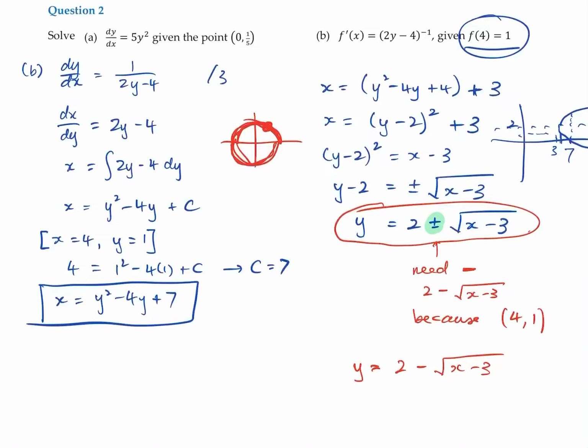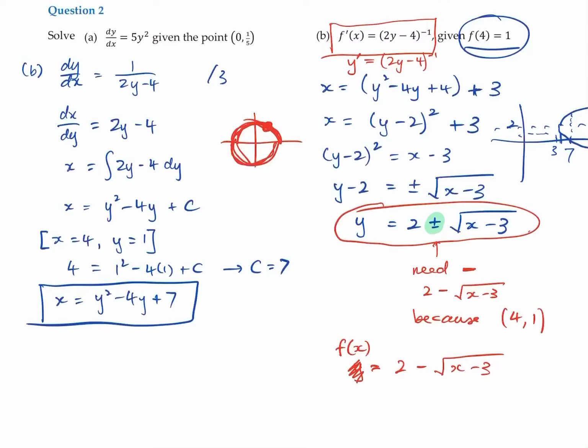My second point is I'm willing to make an exception here because of the way the question was phrased. What it could have said was y dash equals 2y minus 4 negative 1. But it expressed it in terms of f dash x. Well, I guess f is a function, isn't it? And so if f is a function, then we should be answering in terms of f of x, shouldn't we? And so that is the reason why I will allow for this restriction to take place.